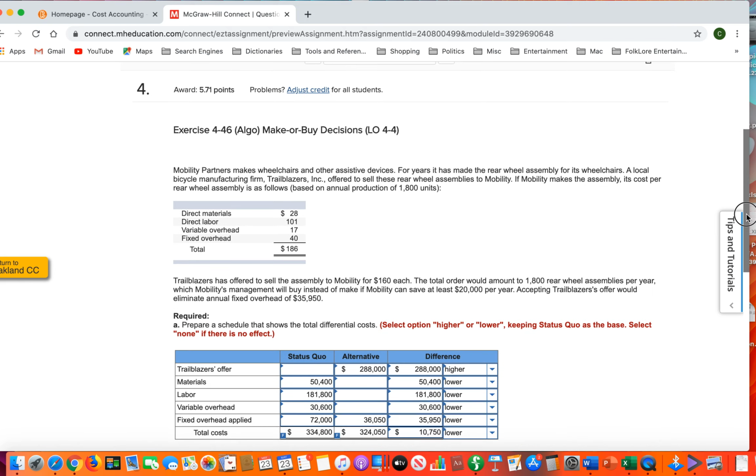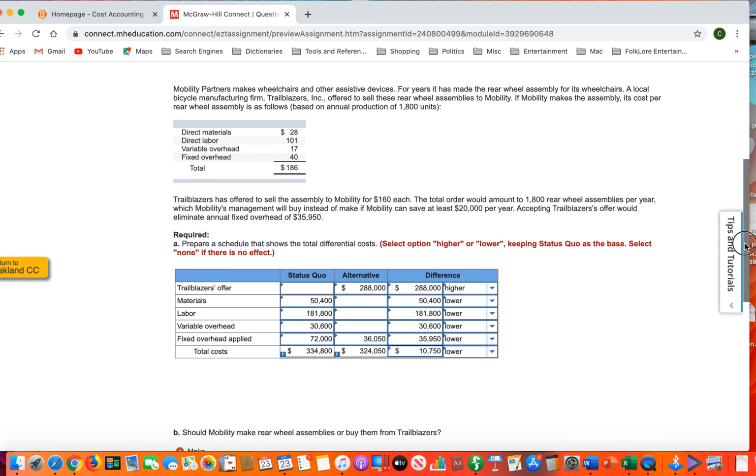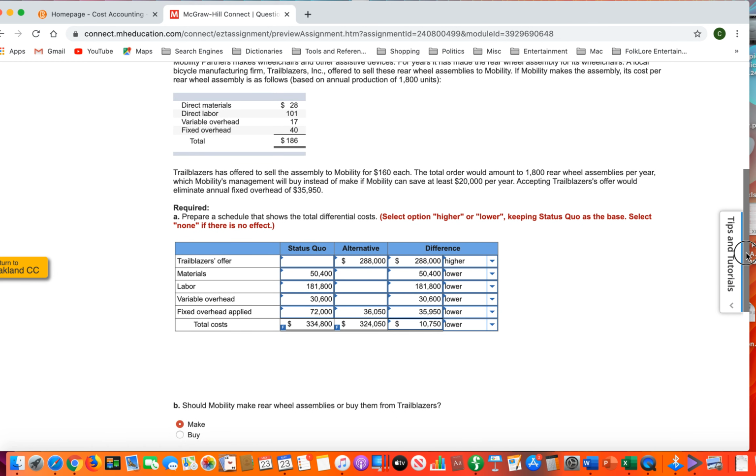Let me get this down here. Right now, the way things are, this is based on the chart, the information above.